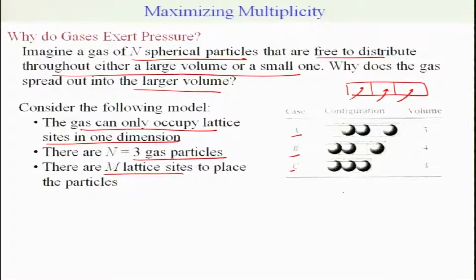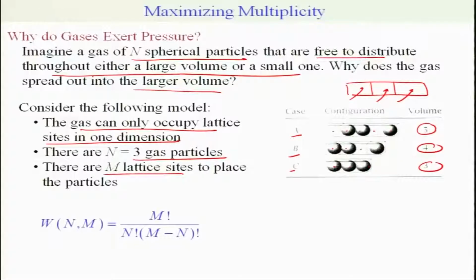So, the volume in A is going to be 5 because they have 1, 2, 3, 4, 5 lattice points. Here they are 1, 2, 3, 4 lattice points, and here you have 3 lattice points. Now, considering these, one can say that the number of possible ways to arrange, or the multiplicity, in this case will vary, with the same form as we have shown earlier.